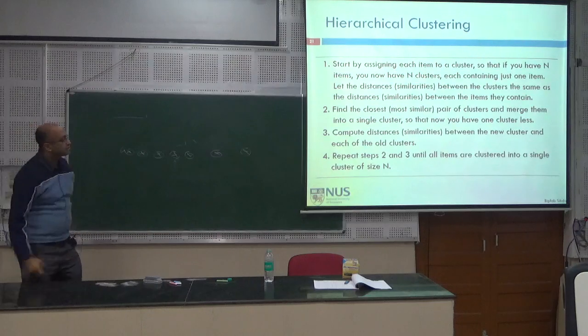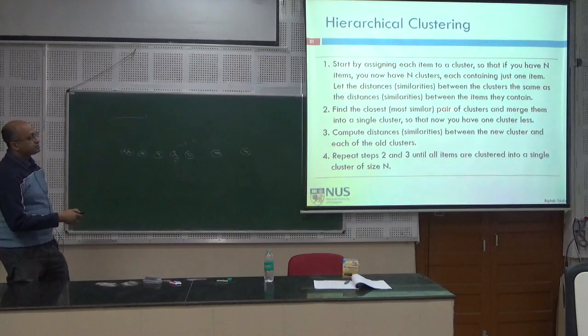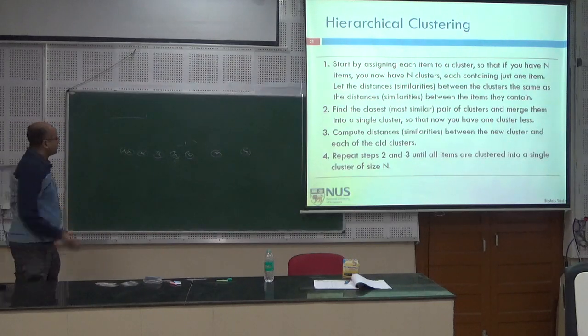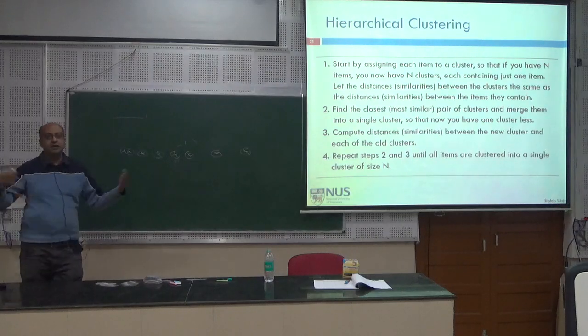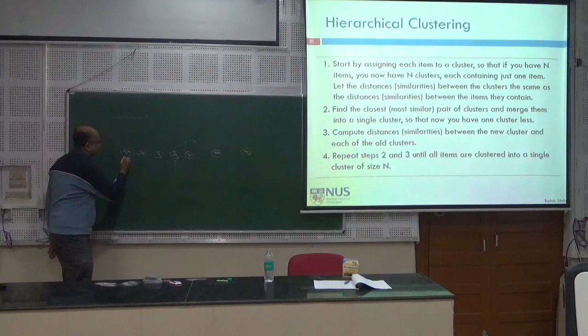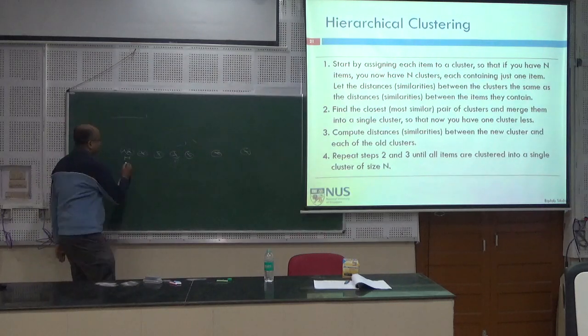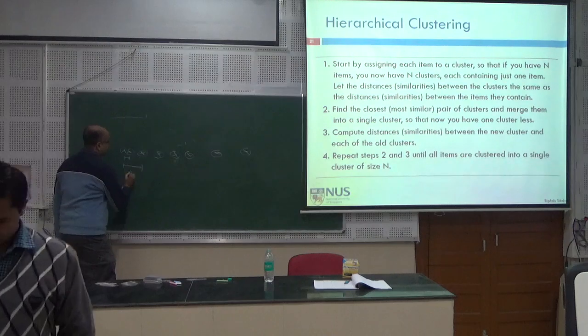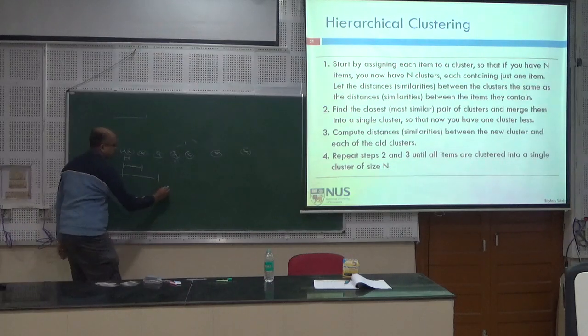Now the next step is, find the closest pair of clusters. How do I find the closest? Some kind of distance measure. Here, this is the distance between these two clusters. This is the distance between these two clusters. This is the distance between these two.